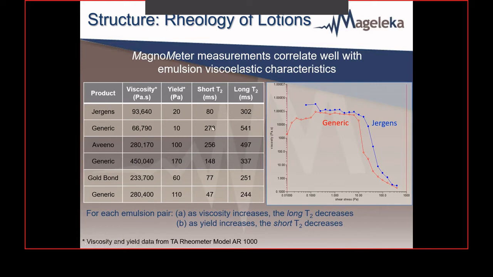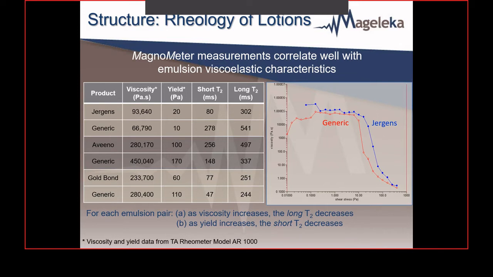And what we see clearly is both the short and long relaxations are not the same. But you can also see now that the NMR relaxation times are associated with viscoelastic characteristics. As the viscosity increases, the value for the long T2 relaxation time decreases, and as the yield stress increases, the short T2 time also decreases.